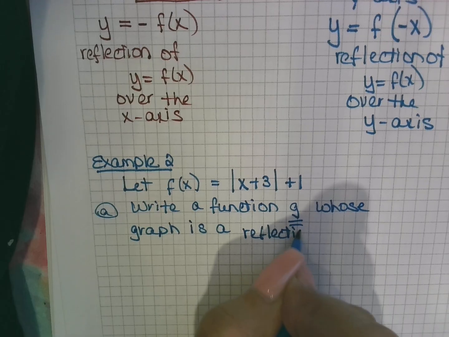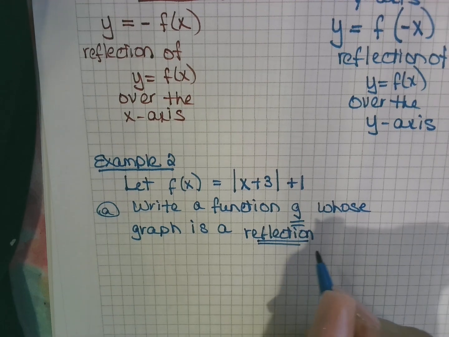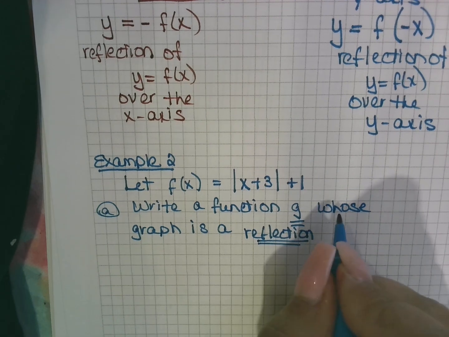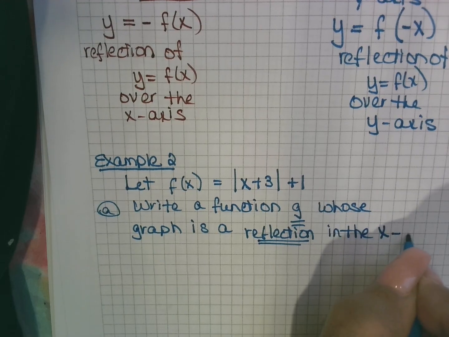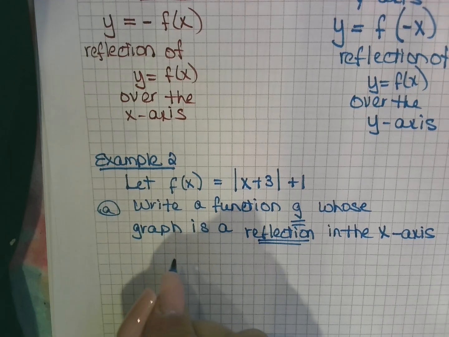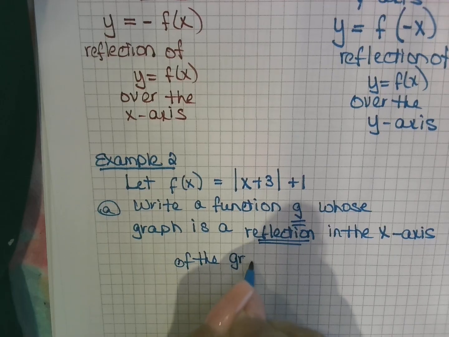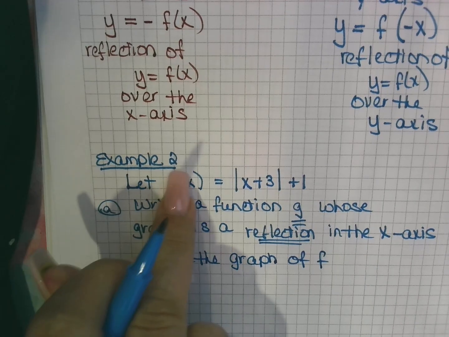So immediately in our minds we should be thinking, okay, there's a minus sign involved. We just need to figure out whether it's inside or outside. It is a reflection in the x-axis. So that answers that. It's going to be on the outside of the graph of f, which is this guy.